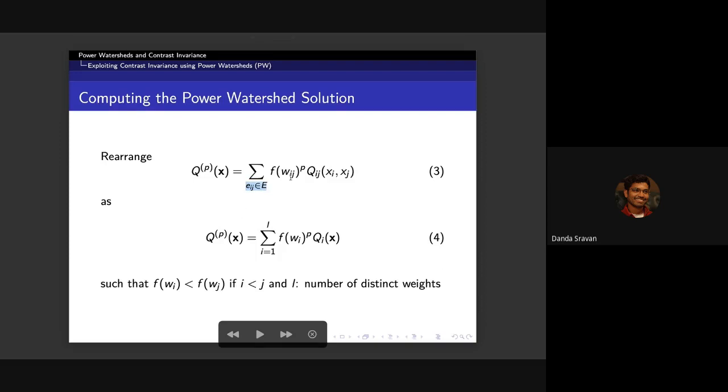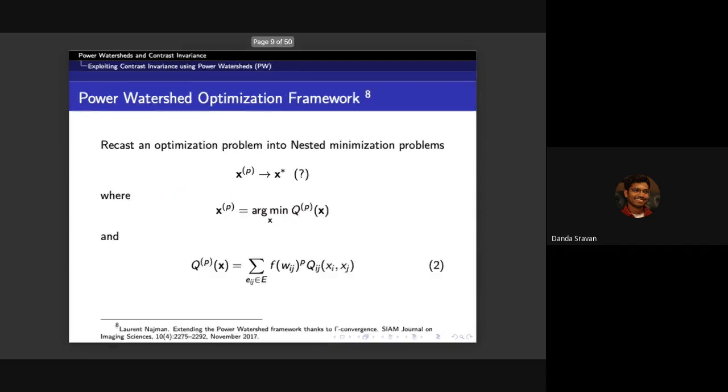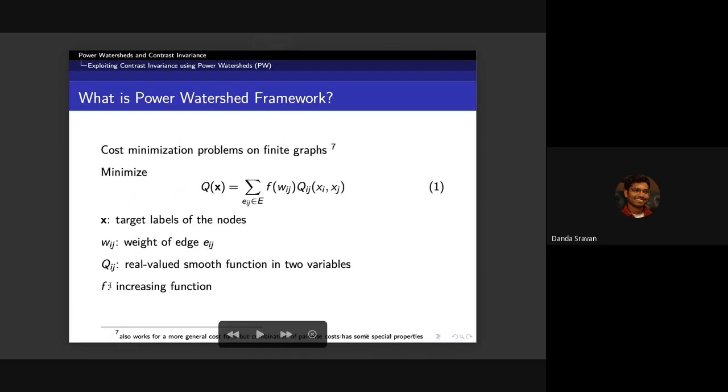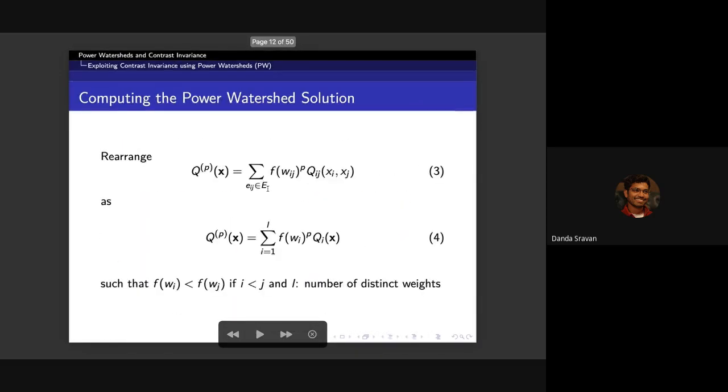So I rearrange all the terms in the summation, starting with the highest weight term. Since f was an increasing function, I just reorder all the terms with respect to decreasing order of edge weights, and then I write it as a finite sum.